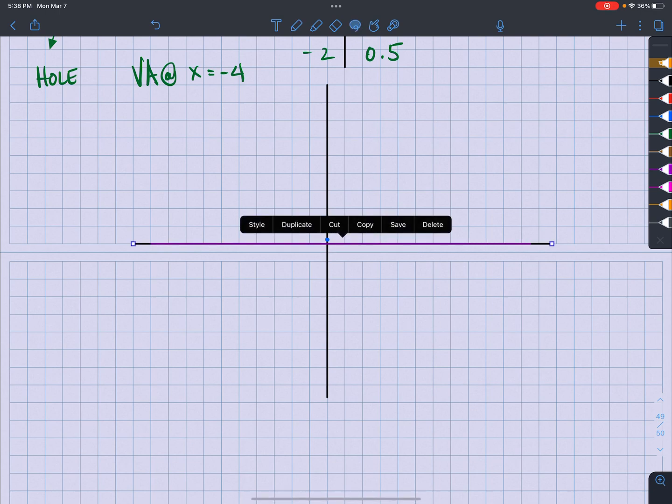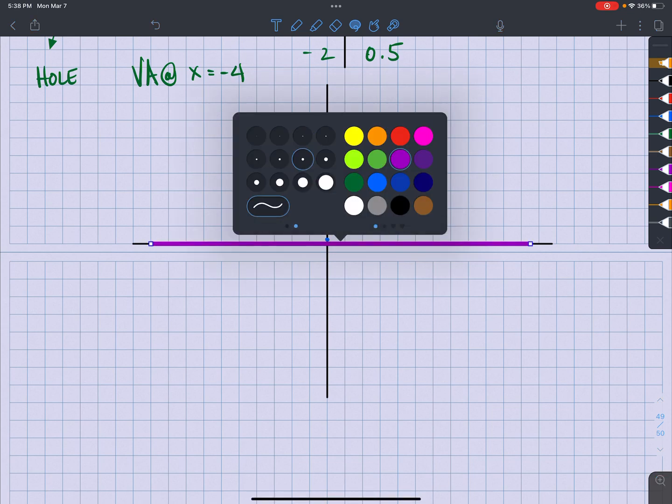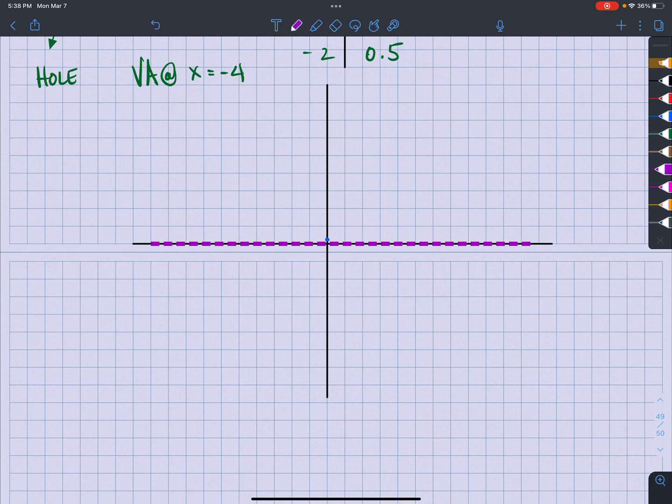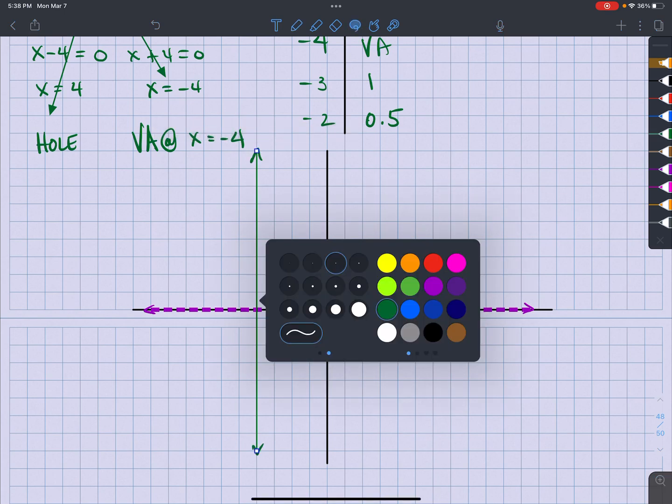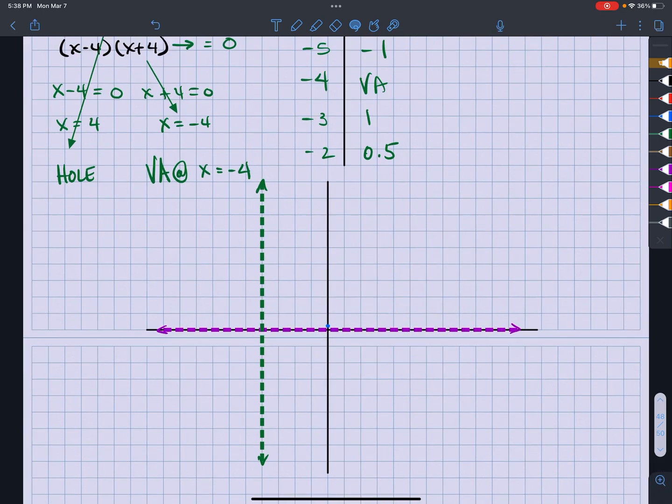Let's make it a little bit thicker and dotted so that we can see it. And I have a vertical asymptote at x equals negative 4. Let's make that also a little thicker and dotted.